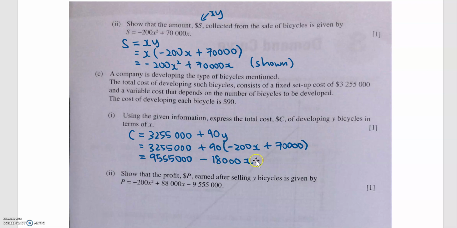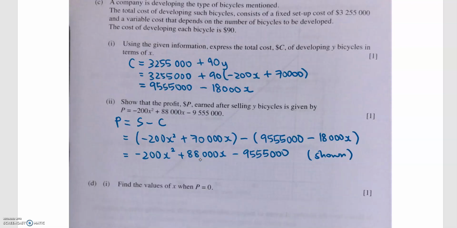So the profit simply is the amount collected S minus the cost C. So if you write down the two expressions from the earlier part, we will get profit P equals to this. Shown.